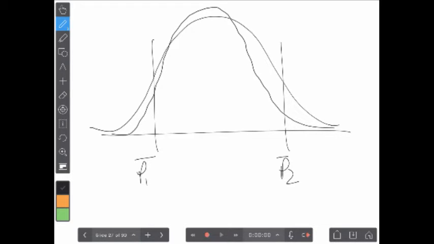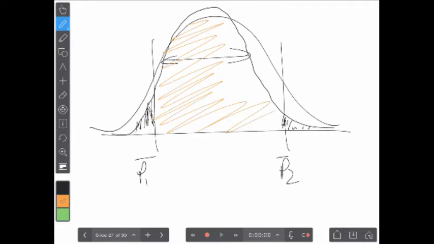With the smaller standard deviation or standard error, notice now that I have less area in the tail. If I have less area in the tail, I now have more area in between those values, more area of the curve. So the probabilities will actually increase. All right? The probabilities will increase. Okay, so that answers the question.